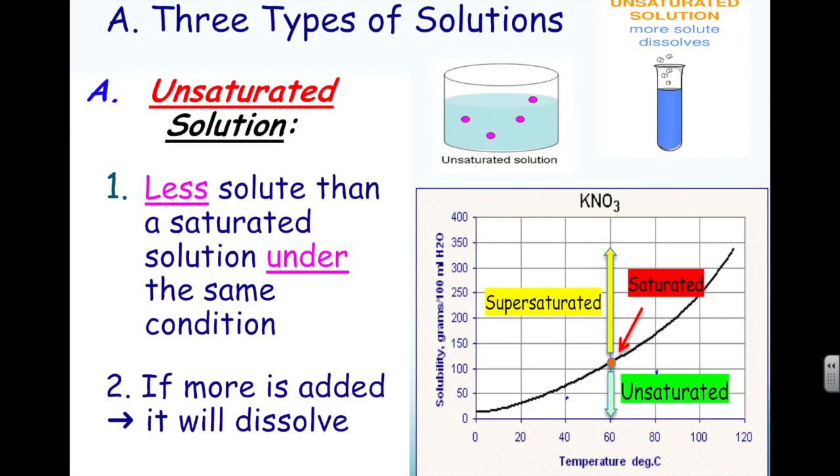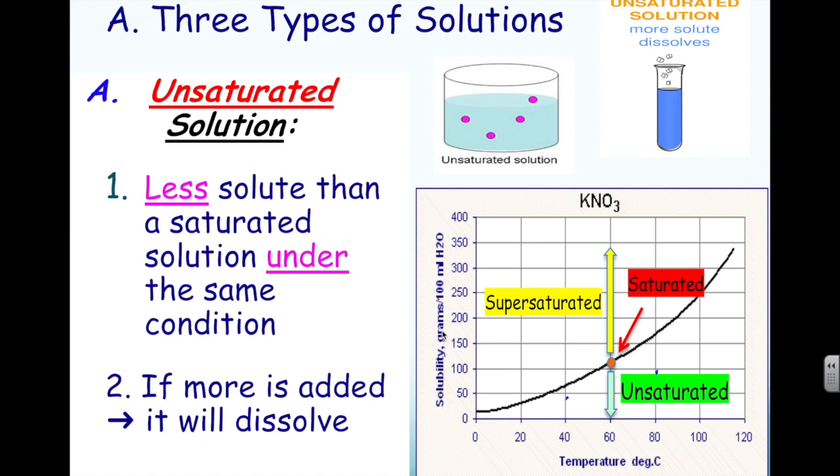All right, so the unsaturated solution has less solute and exists under the curve. And what you'll see is these curves right here. On this graph, you will see temperature plotted on the x-axis, and you'll see the solubility plotted on the y-axis. Now, it has kind of weird units.